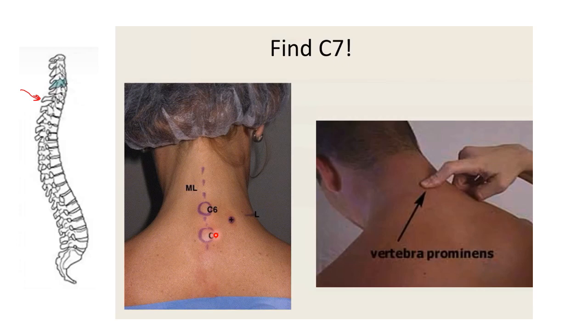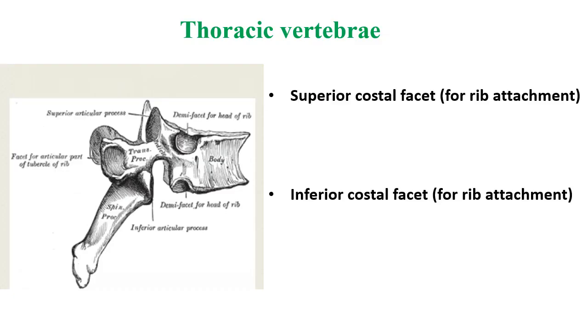You find that bone that is sticking out, that's your C7. So that's the last one for your cervical vertebrae. It's also a landmark.